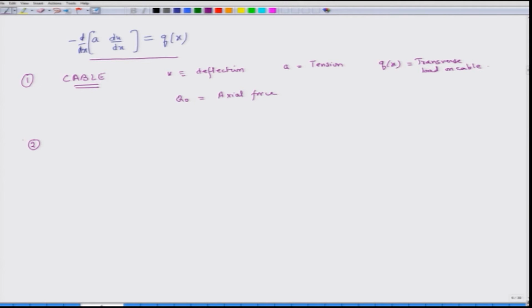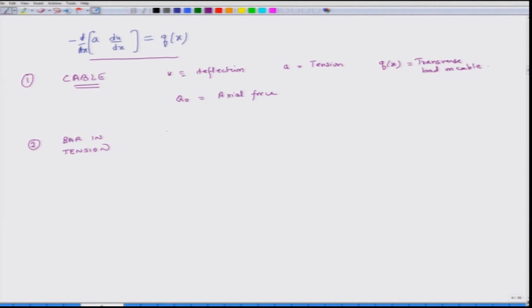The second area in which the same differential equation works is bar in tension. Same differential equation, if I know how to solve this equation, I can solve different types of problems. So, this is the bar in tension.